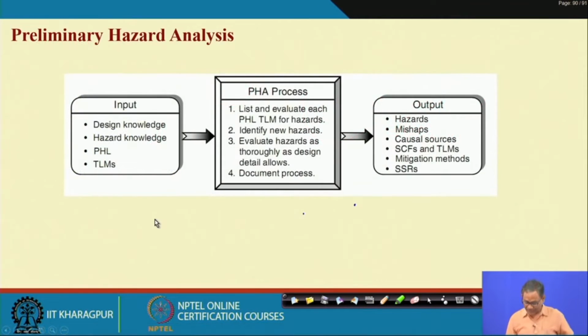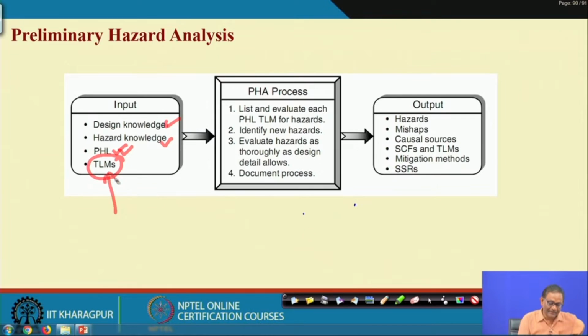If you recall, in PHL also I gave this kind of process diagram, and in PHA also it is given. In PHL we had design knowledge, hazard knowledge, and lessons learned. But in PHA, along with design knowledge and hazard knowledge, the PHL is the input, and these are top level mishaps.